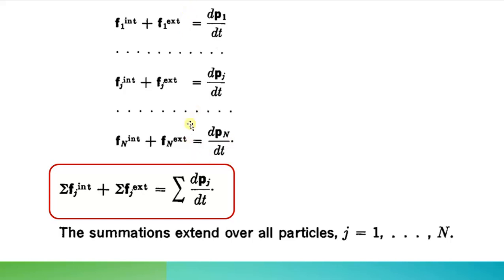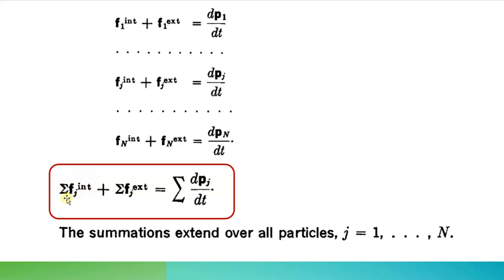We can add all these equations. Then we can write sigma Fj internal, where the summation should go through all the particles in that system. So we have n particles.